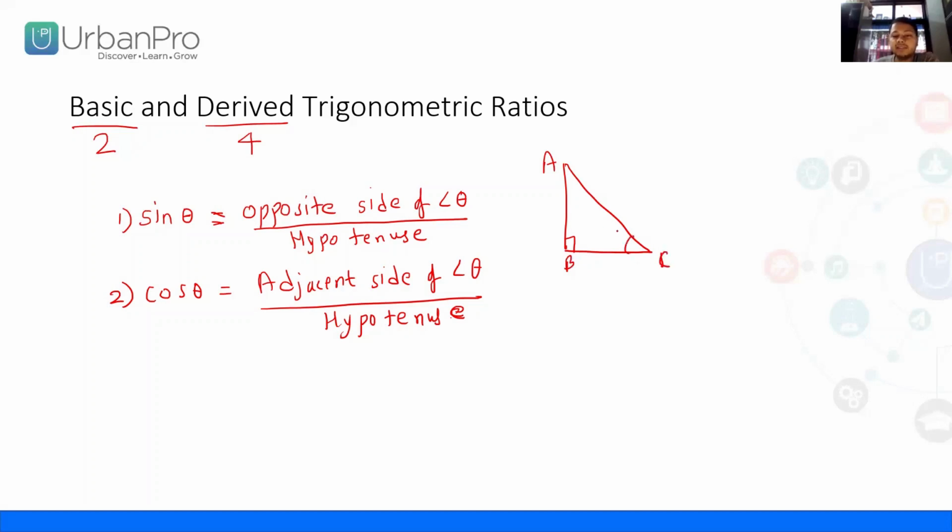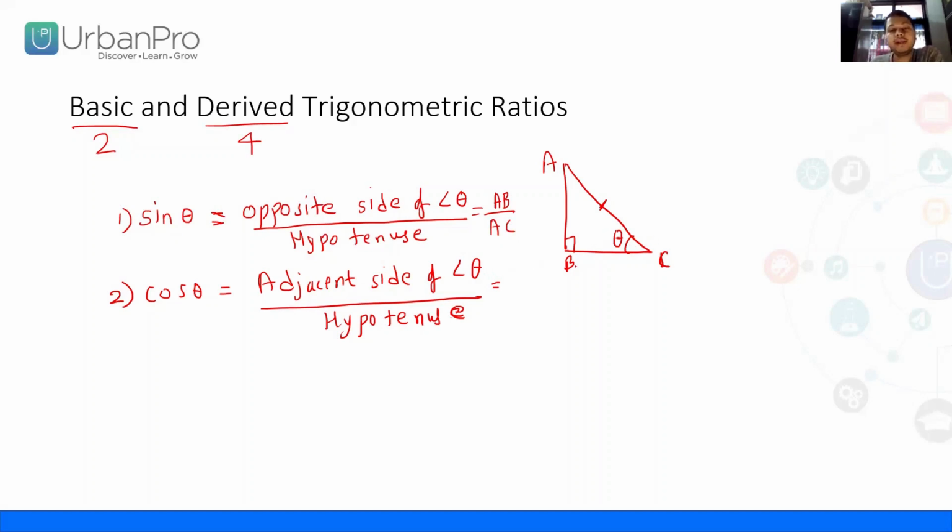Now considering angle C as theta, what is the opposite side of angle theta? Right, it's AB. And which is the hypotenuse? Hypotenuse is always opposite the 90-degree angle. So this will be your hypotenuse, it's AC.